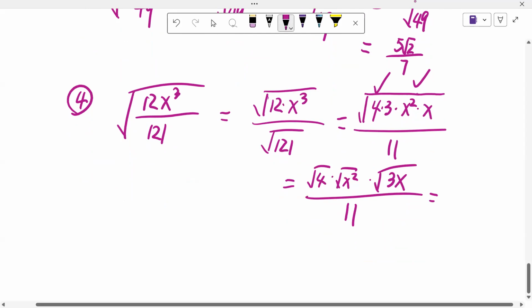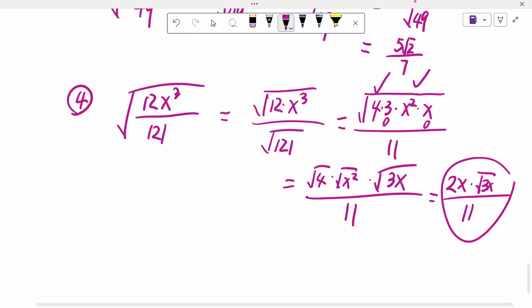So the square root of 4 is 2, the square root of x squared is x, and the square root of 3x over 11. And so that's how we simplify. Basically, put all the remaining terms inside the radicals and leave as is. Any question about this?